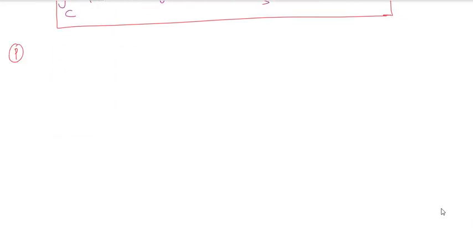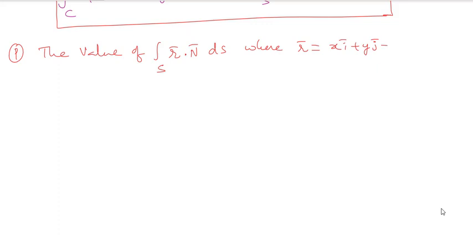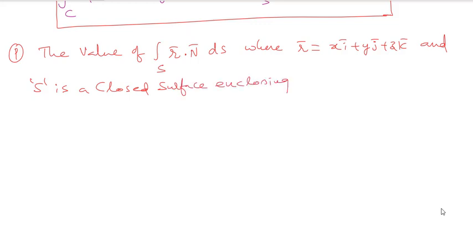The value of the surface integral of r bar dot n bar ds, where r bar is equivalent to x i bar plus y j bar plus z k bar, and S is a closed surface enclosing a volume capital V, is dash.